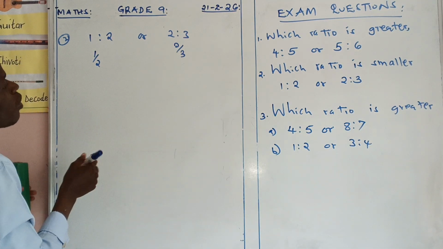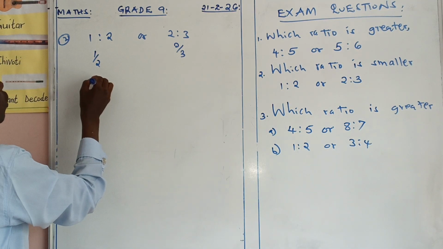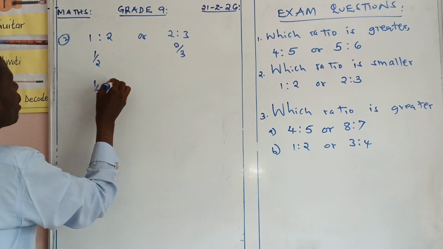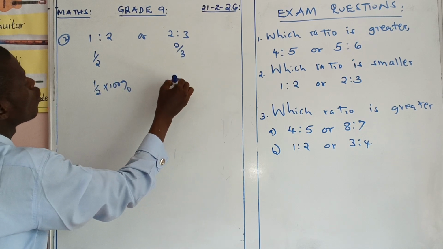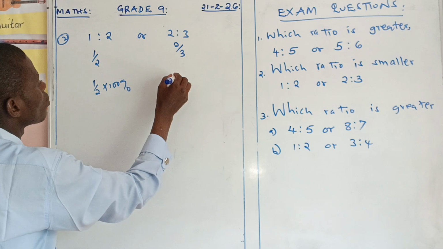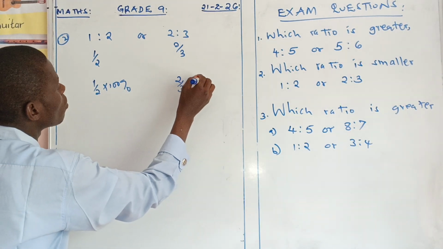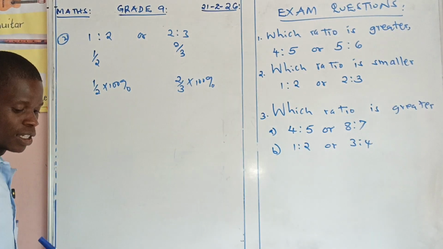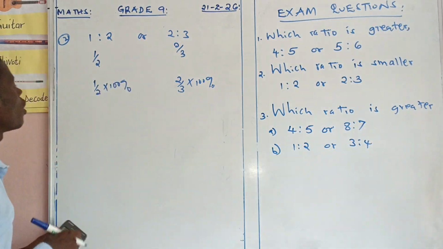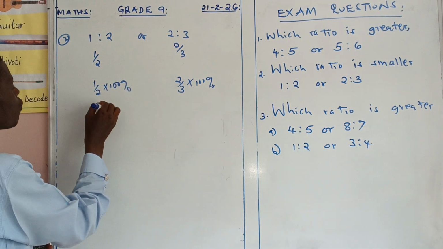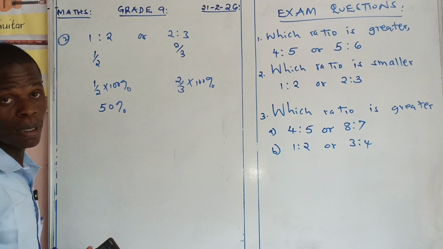So from there, convert them to percentages. 1 over 2 multiplied by 100%, then 2 over 3 also multiplied by 100%. If you multiply 1 over 2, a half of 100 is 50%.